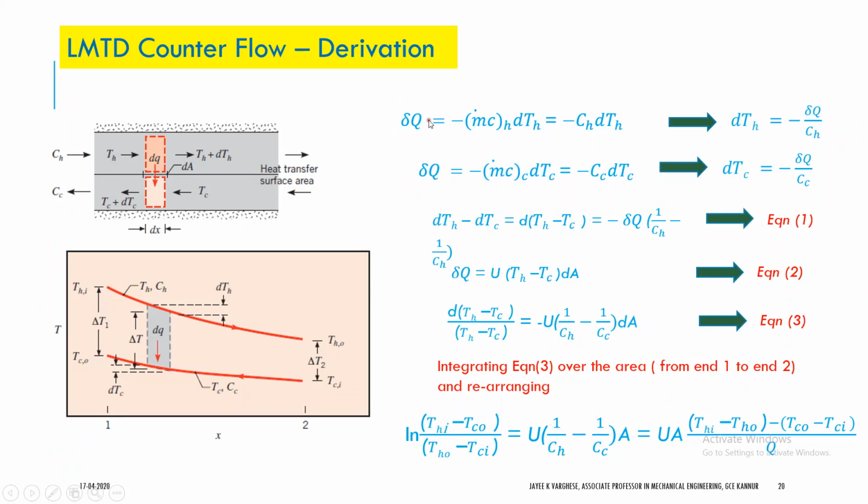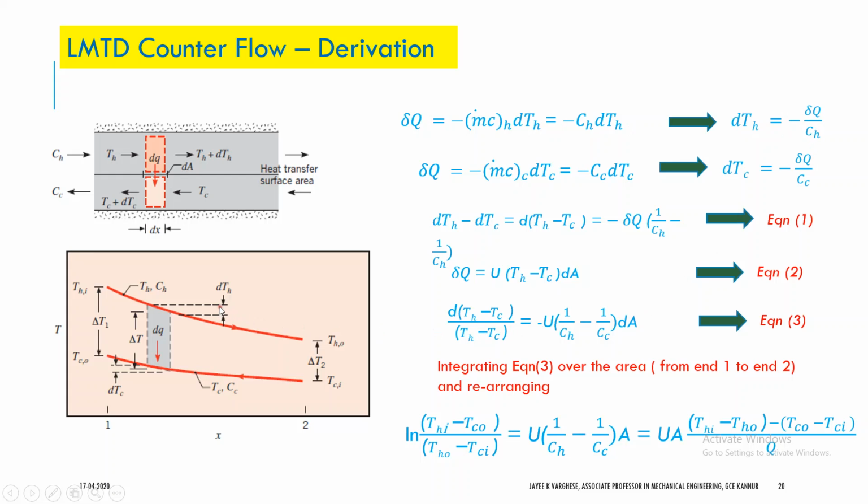Following dq for a counterflow heat exchanger, delta q can be written as minus m dot c into c. I took this together as a single term, and the subscript is common for both. So delta q is equal to m dot h into ch into dth, which is equal to minus ch dth, or dth is written as minus delta q divided by ch.